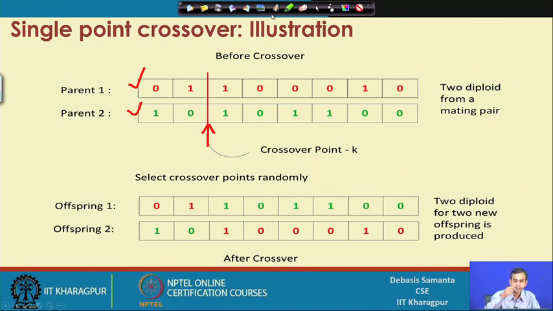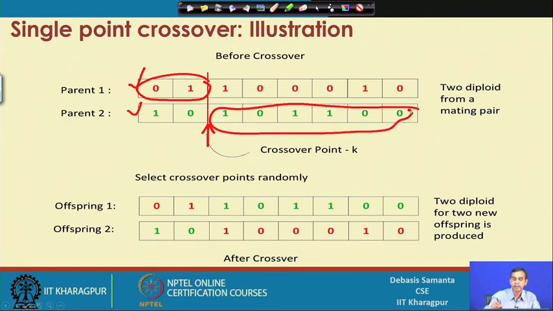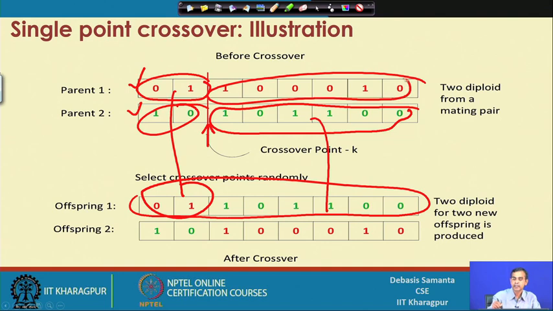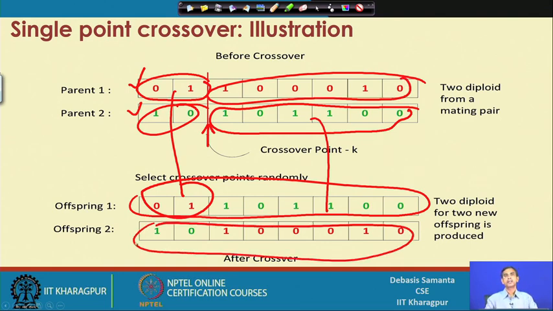For example, this is the first part of the chromosome of one parent, and we take the remaining part from the second parent, and this produces one offspring. Similarly, for the next offspring we take this part here and that part there, producing another offspring.